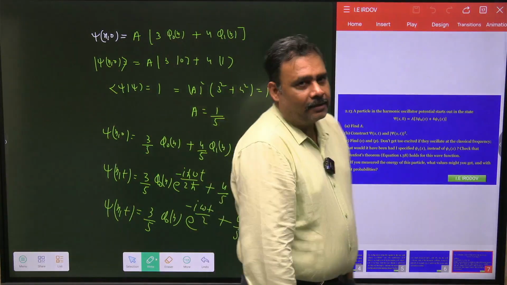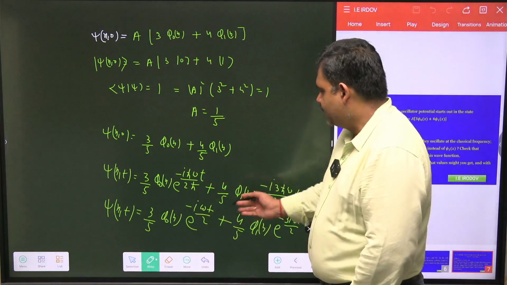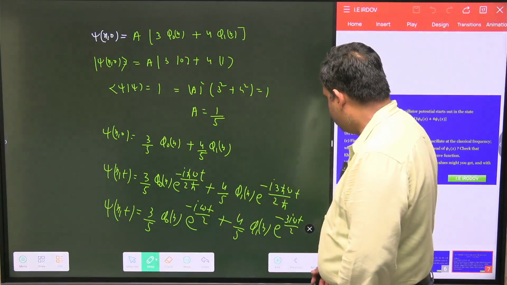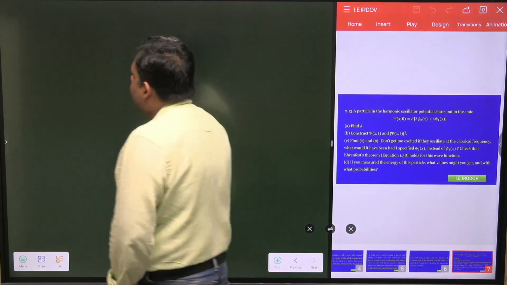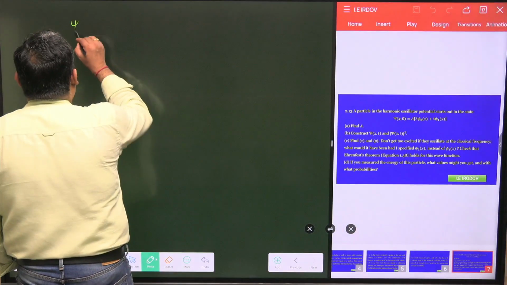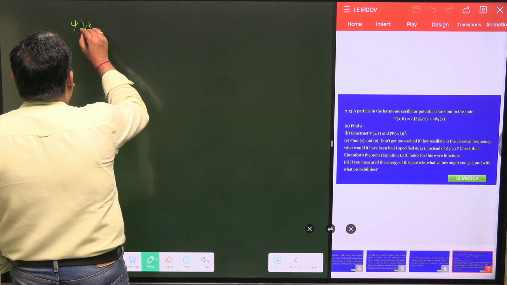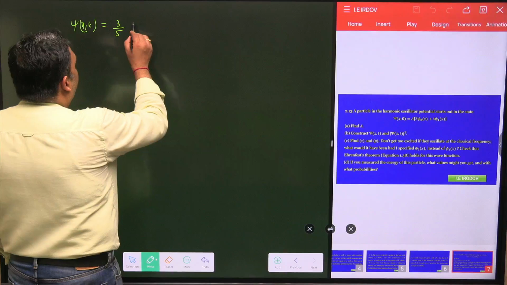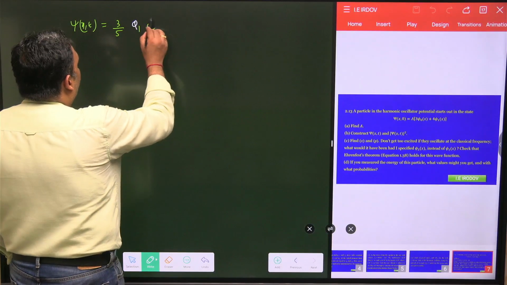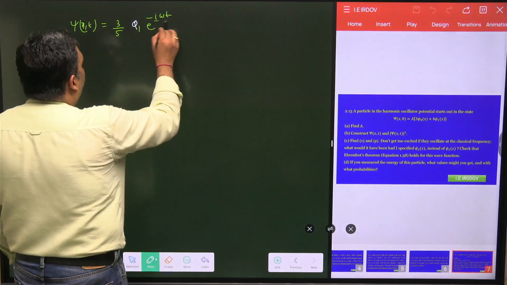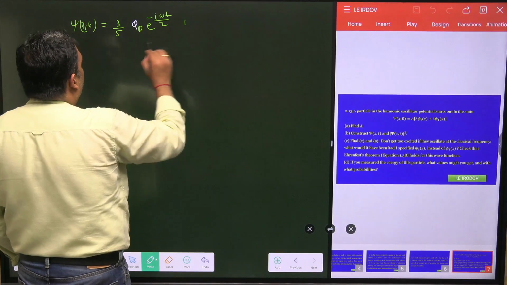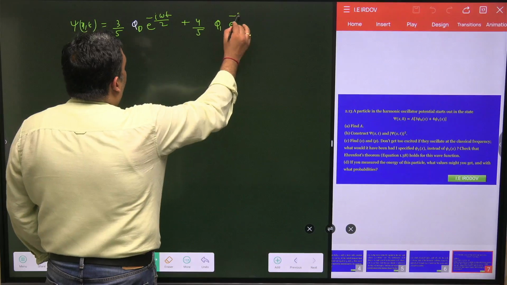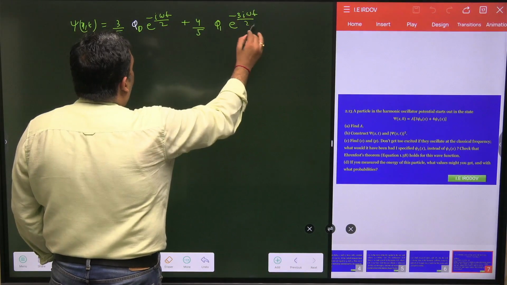Let us try to construct mod psi(x,t) squared. When we have psi(x,t), we can go for psi star, and then construct mod psi squared. We have already calculated psi(x,t), and this value is equal to 3 upon 5 phi 0 e to the power minus i omega t upon 2, plus 4 upon 5 phi 1 e to the power minus 3 i omega t upon 2.